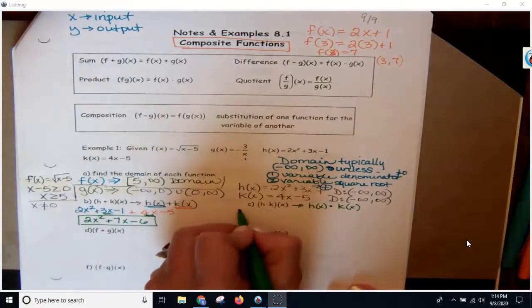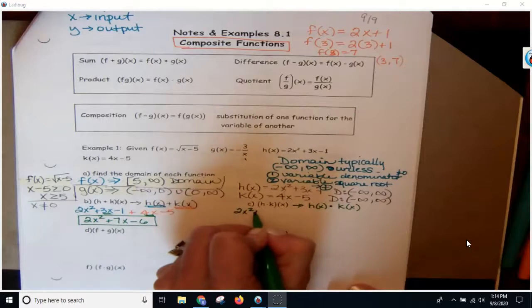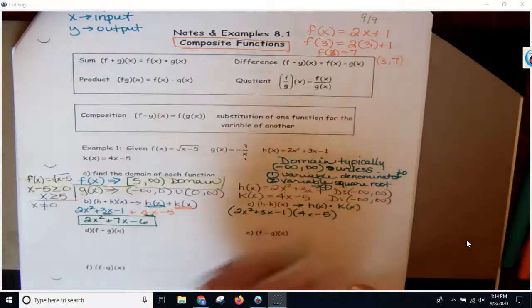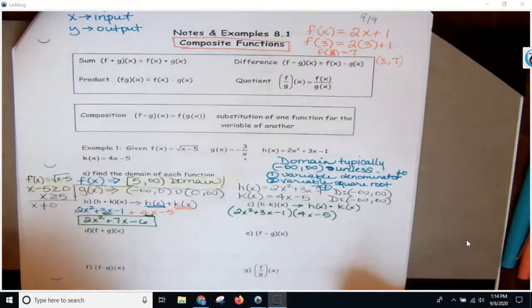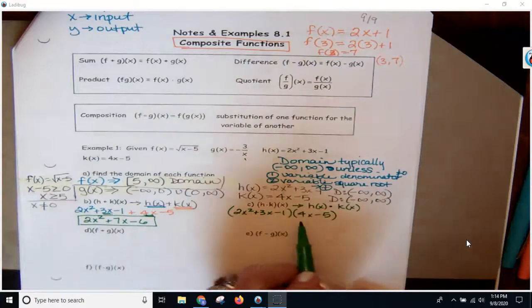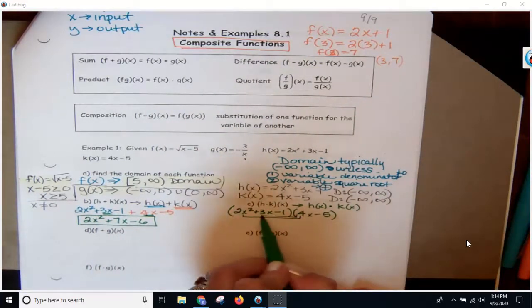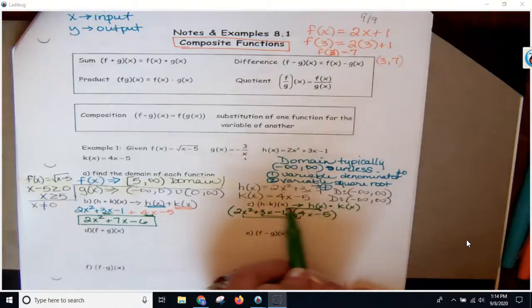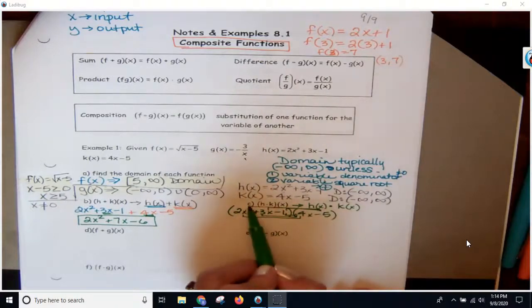So my h of x is 2x squared plus 3x minus 1 times 4x minus 5. Now, keep in mind, we're multiplying polynomials, so you must FOIL these. You have to make sure that you distribute this 4x to every term and that you distribute the 5 to every term.